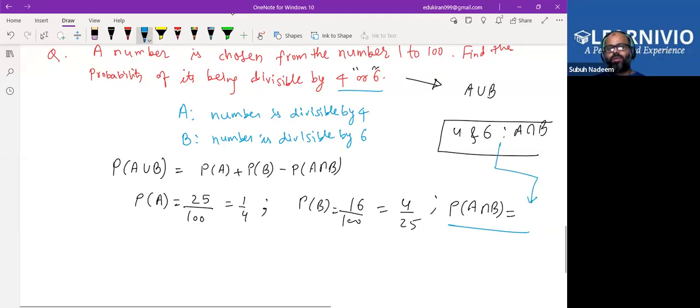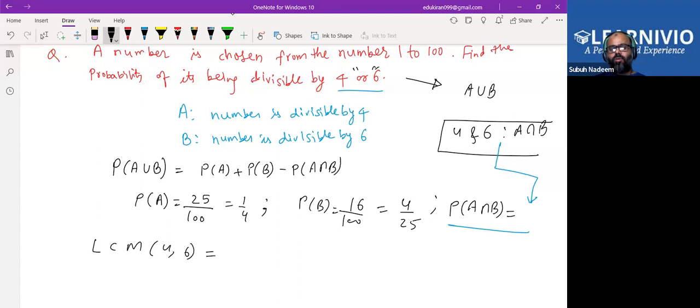So what will we do first? Sir, first we have to see numbers which are divisible by 4 and 6. So how can you find those numbers? I don't know, sir, that one. If a number is divisible by 4 and 6, it simply means take the LCM of 4 and 6.